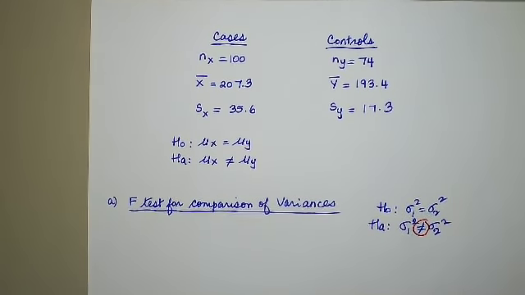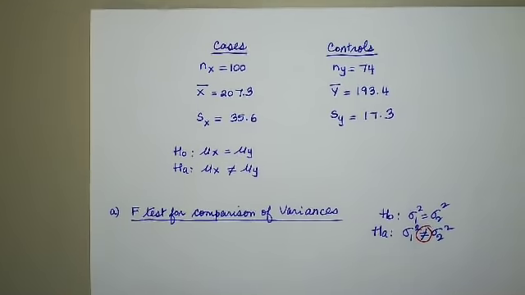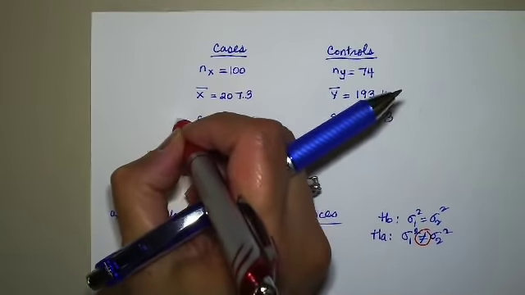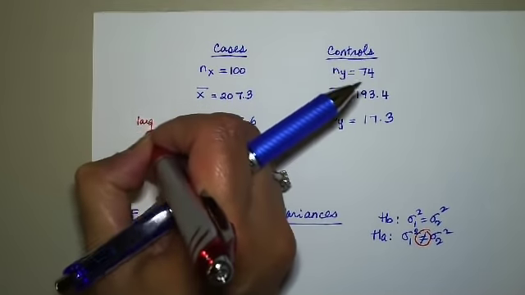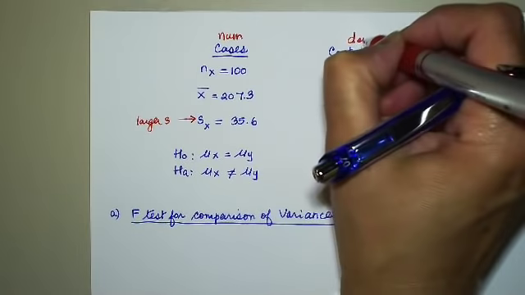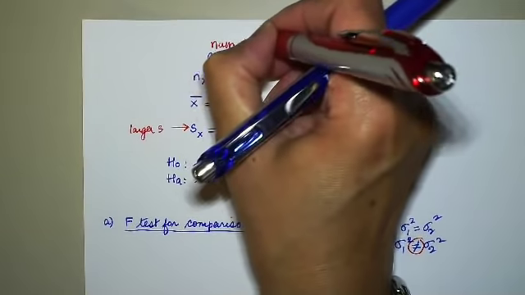It's always two-sided in our case. So I need to assign numerator and denominator to these two sides. Let's just look to see who has the bigger S. This is the larger S. Therefore, this is the numerator side and this is the denominator side.